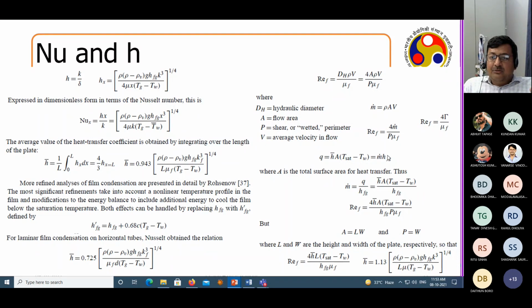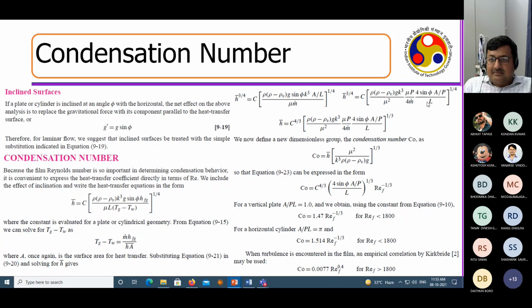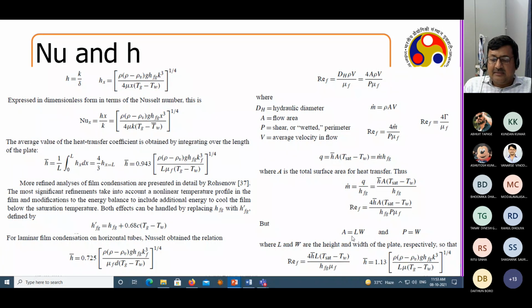Now that m dot, you replace back in the Reynolds number. This h bar equals A into T minus T sat divided by this. And A is L into W, and P is W. So again, this is the perimeter and this is the A, and from there you get back to this A and B. All the explanations are given here.